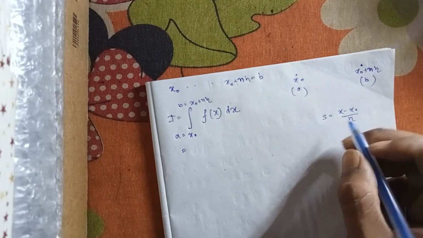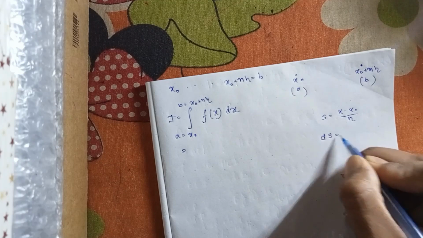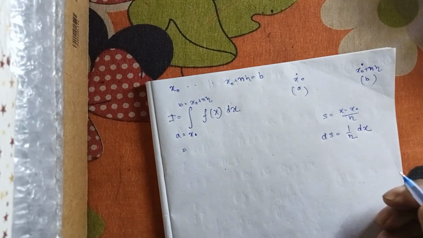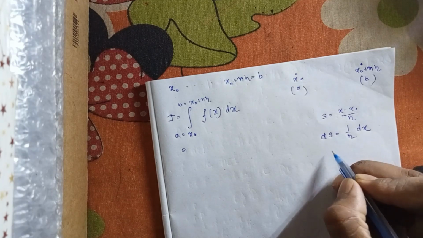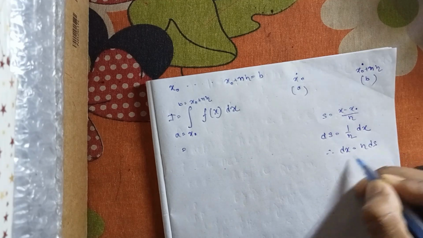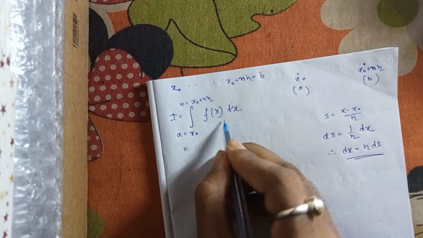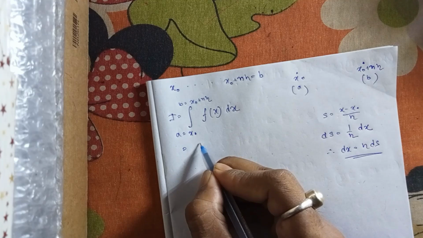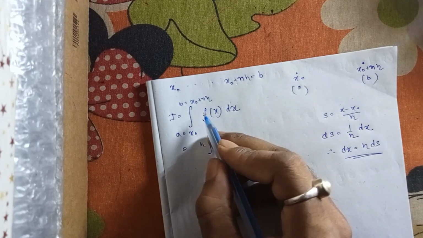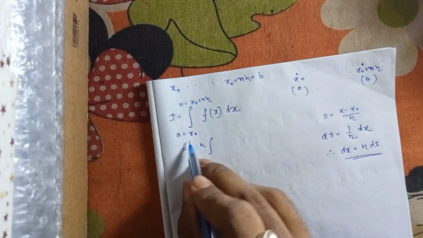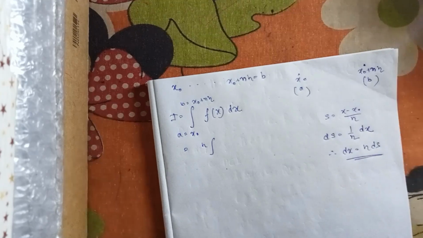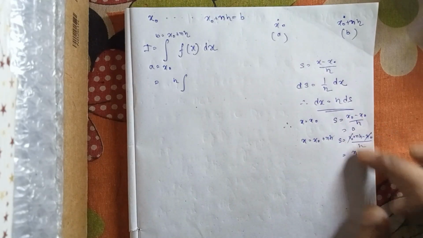So we differentiate on both sides, and now we can replace. Here dx equals h into ds. Now we consider the upper limit and lower limit.